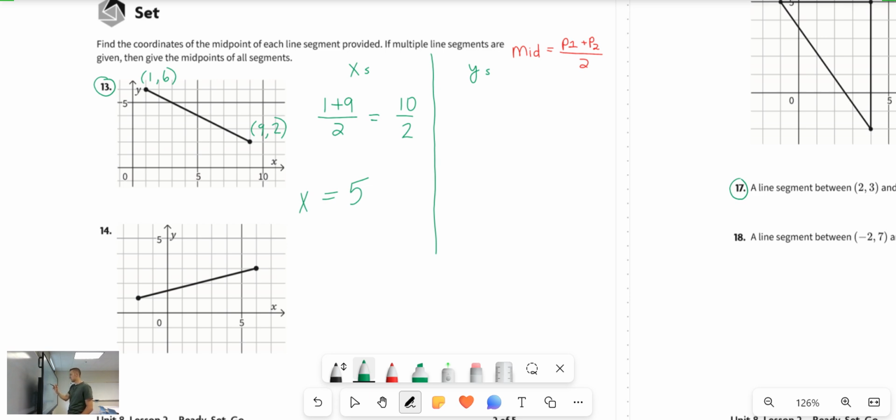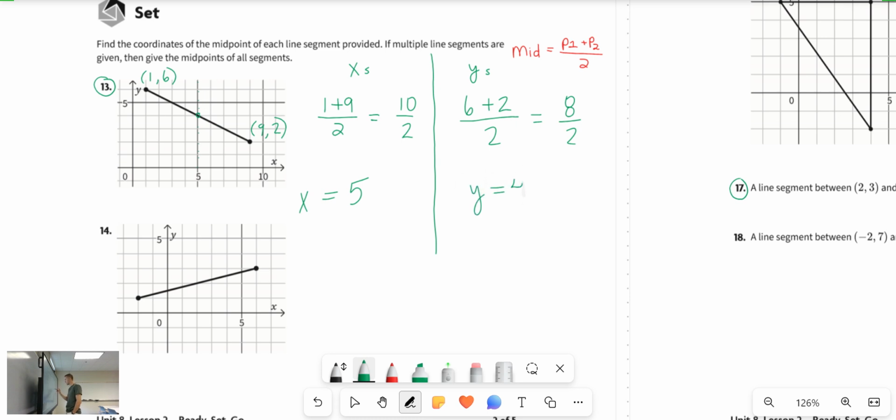So on the x's, we know that the midpoint of the x's should be on this dashed line going upwards. And for the y's, it should be right where we just circled. But let's not assume that's going to work. Let's also check the y's. For the y's, we have 6 and 2. So we have 6 plus 2 divided by 2. 6 plus 2 is 8. 8 divided by 2 is equal to 4.